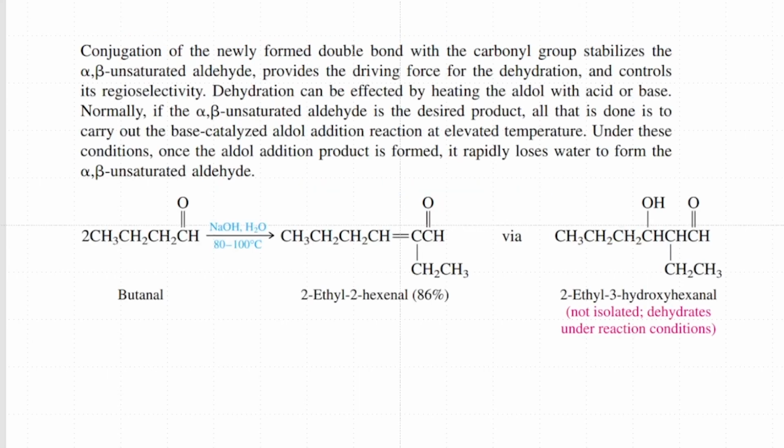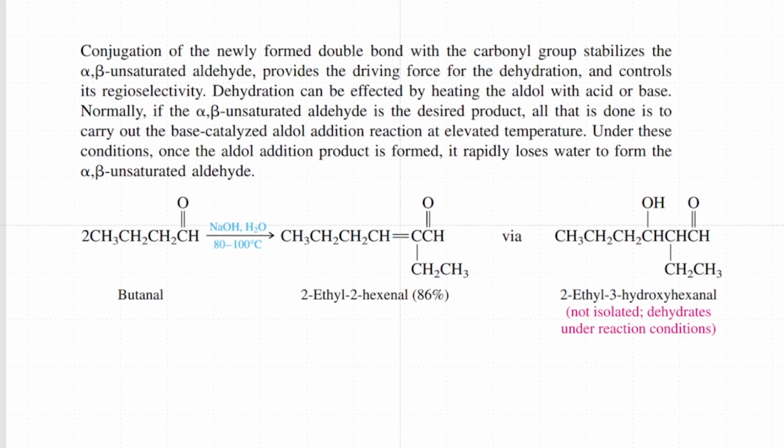Therefore, what we would expect under experimental conditions, if you take butanal and add sodium hydroxide and water and heat it up to about 80-100 degrees, is that the yield of the alpha beta unsaturated aldehyde or ketone in this case is quite good.